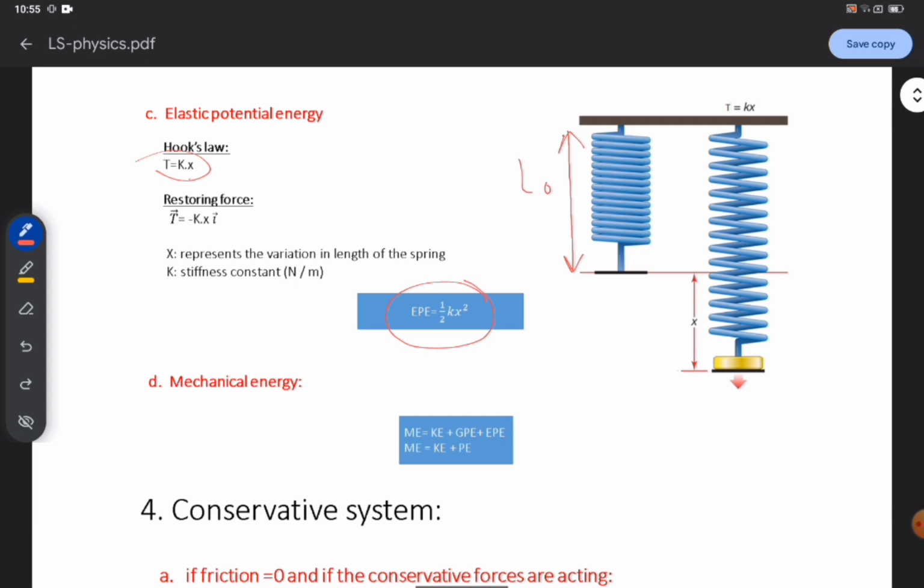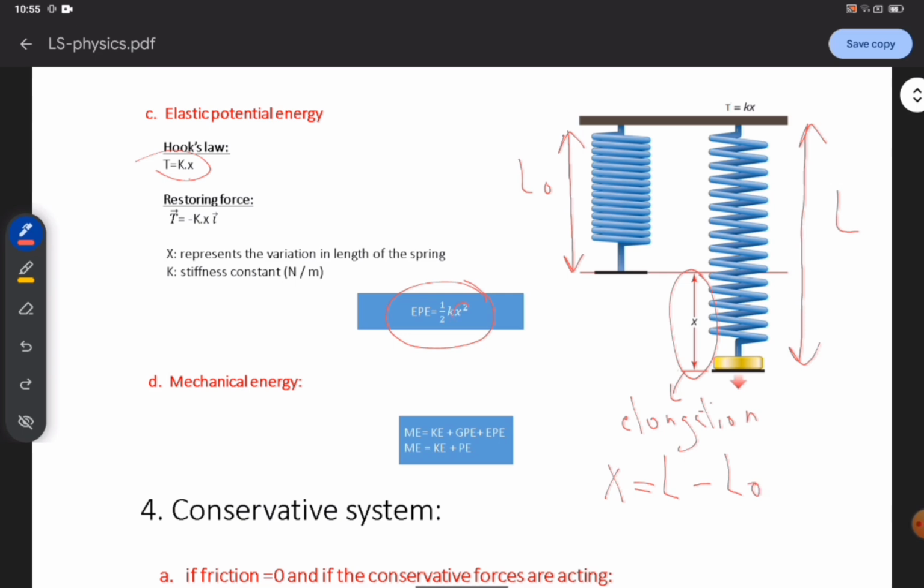When an object is attached to the spring, the length of the spring becomes L. In this case, the spring is elongated by x. x is the elongation, where x equals L minus L0.